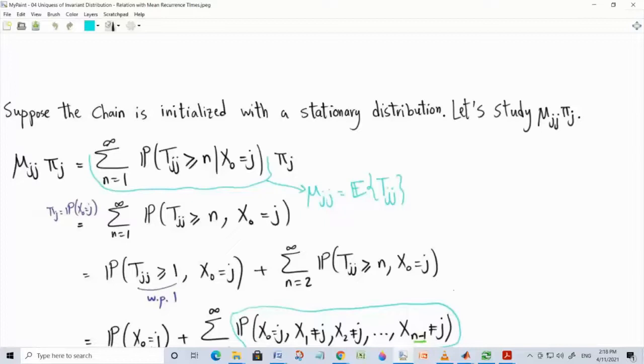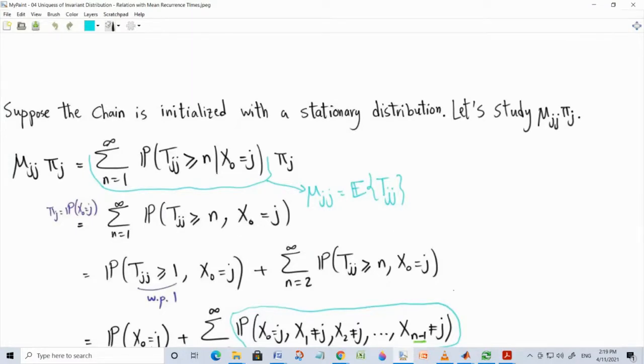So let's have again our chain, and let's initialize the chain by a stationary distribution, which means that at every time instant, the PMF of X of n does not depend on n.